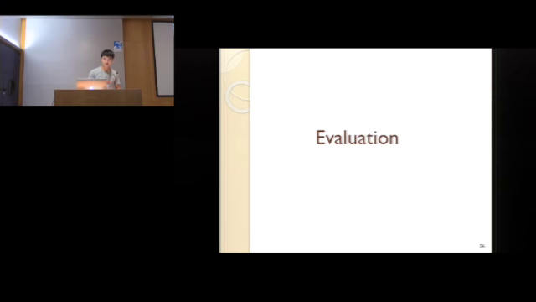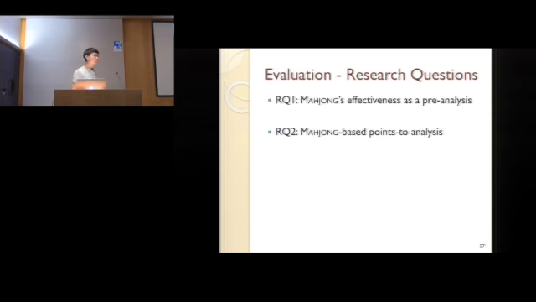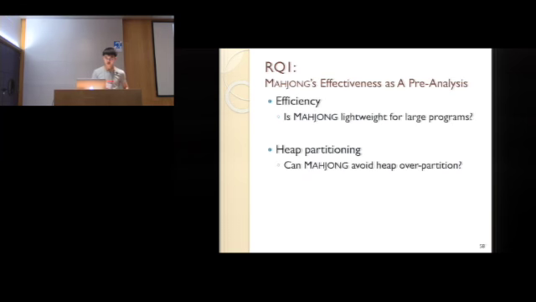Now let's see the experimental results. We want to answer two research questions. The first one is about MAHONG's effectiveness as a pre-analysis, and the second one is about MAHONG-based points-to analysis. Firstly, we want to see whether MAHONG is lightweight for large programs and whether it can avoid heap over-partition.